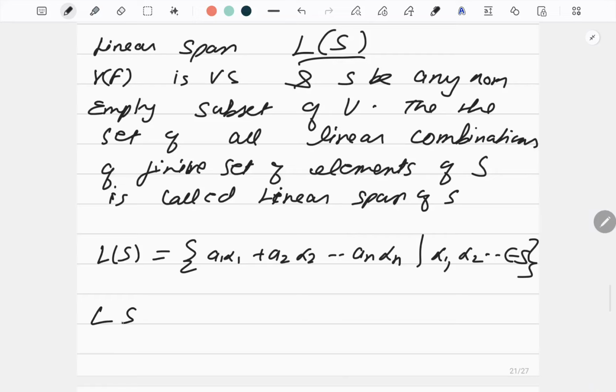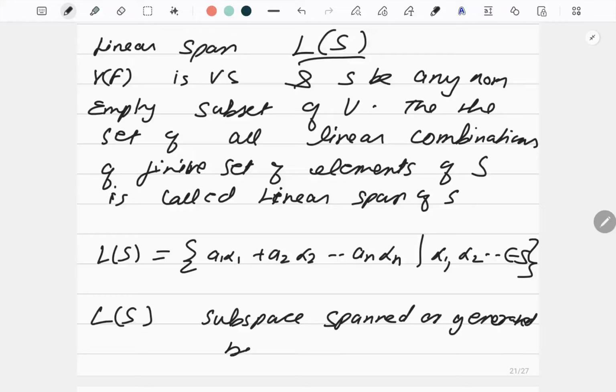This L(S) is also known as the subspace spanned or generated by S.